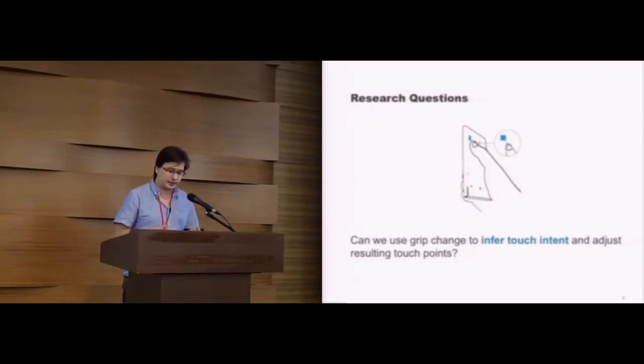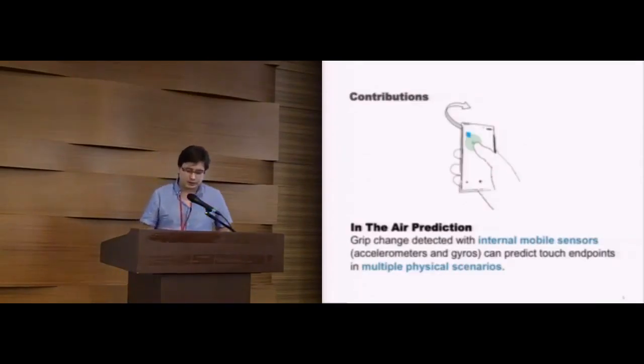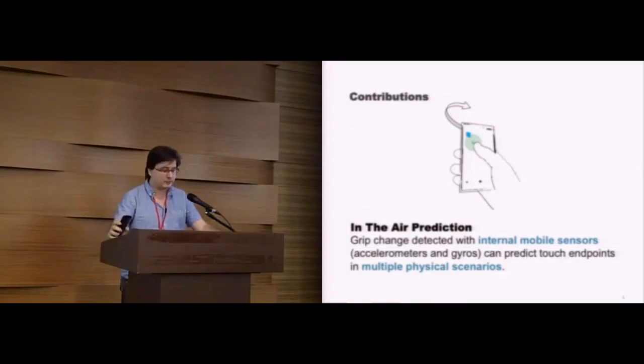This is important because even after they've landed, they may not be where they intended to touch. Regardless of where they touch down, where do they want to touch? Maybe grip change can provide a measurement of where they intend to touch, and we might be able to adjust their touch points and reduce their error rate.